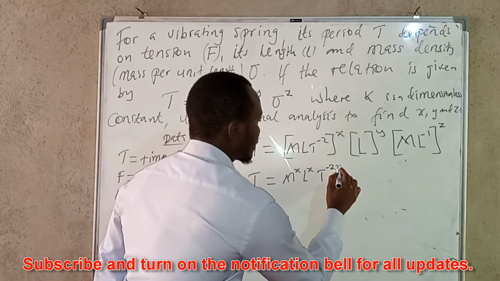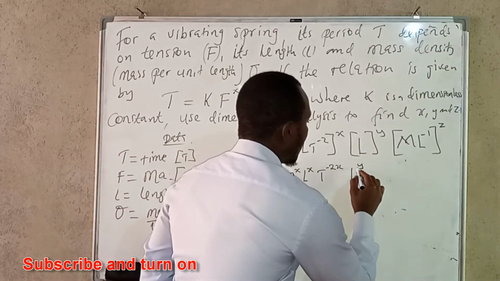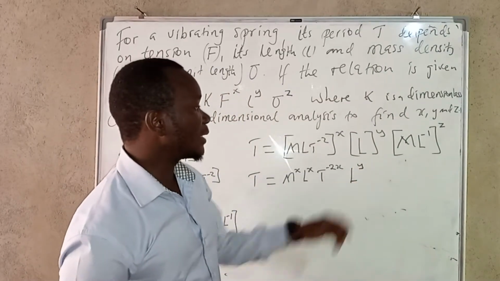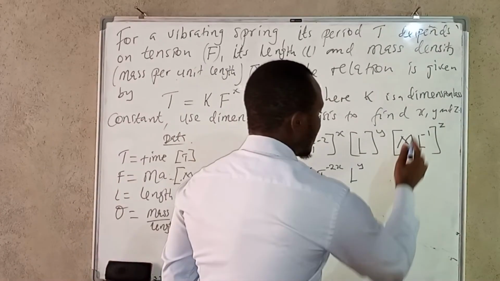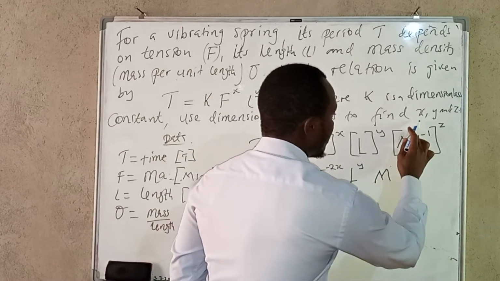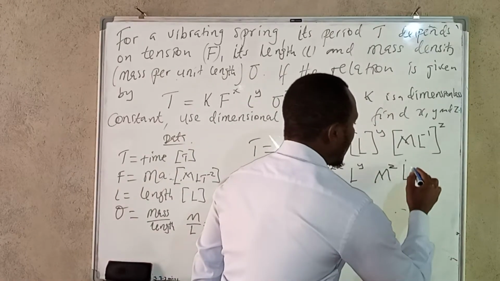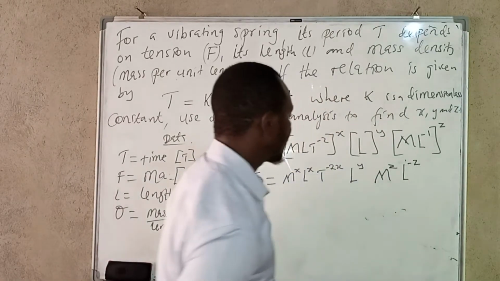Then we have L raised to the power 1 times Y, it is L to the power Y. Then this is M, so this is power 1 times Z, it is M^Z. Then L to the power -Z. Okay, let us proceed and see what we can do.